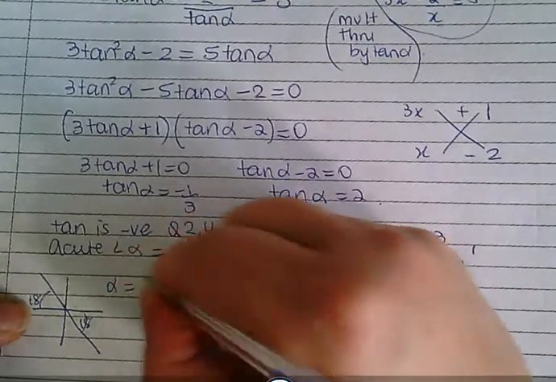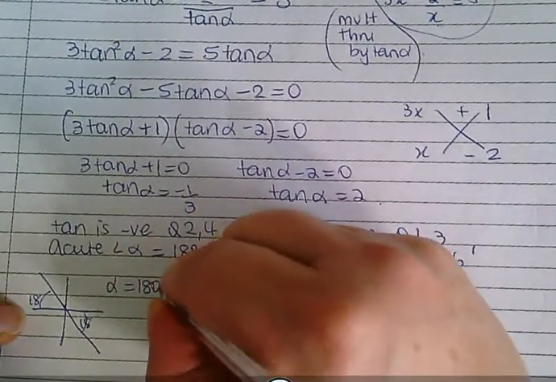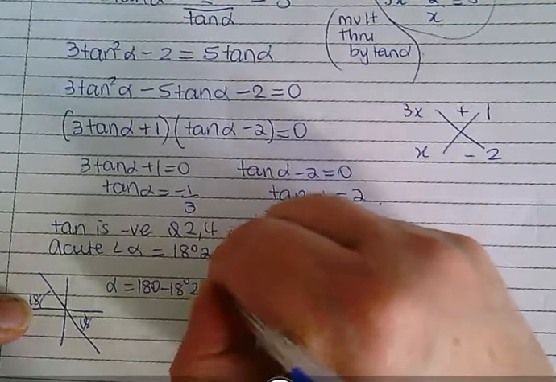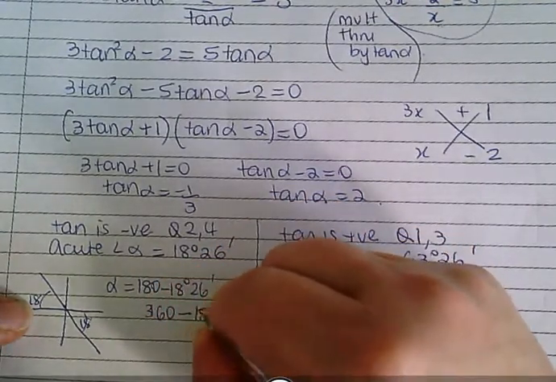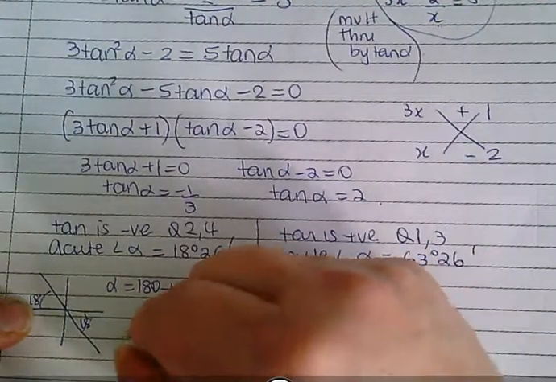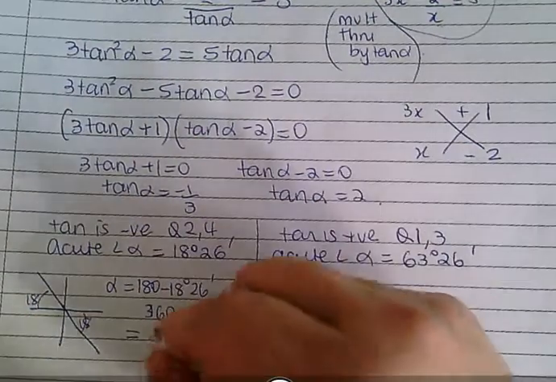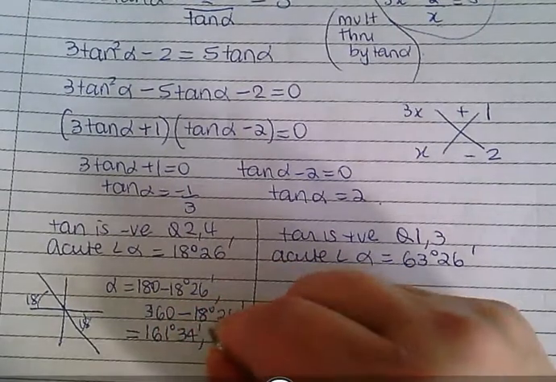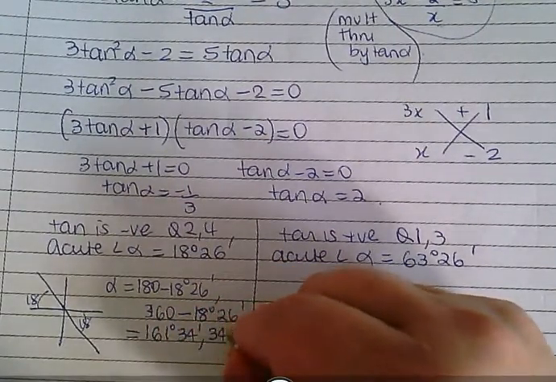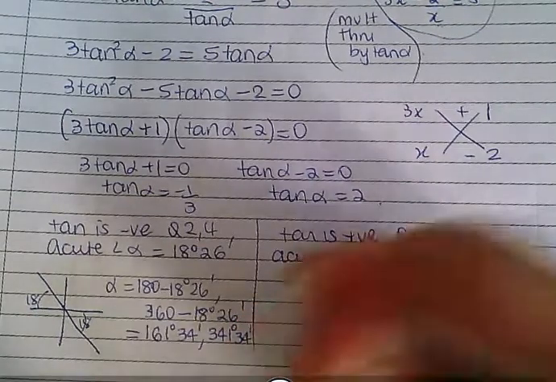So therefore alpha is 180 minus 18 degrees 26 minutes and 360 minus 18 degrees 26 minutes, which is 161 degrees 34 minutes and 341 degrees 34 minutes.